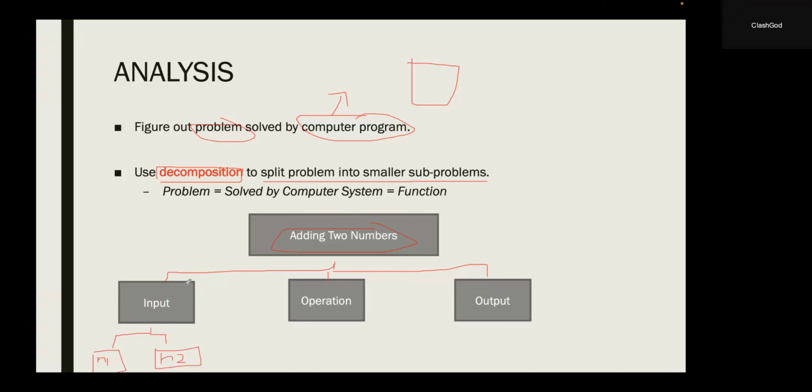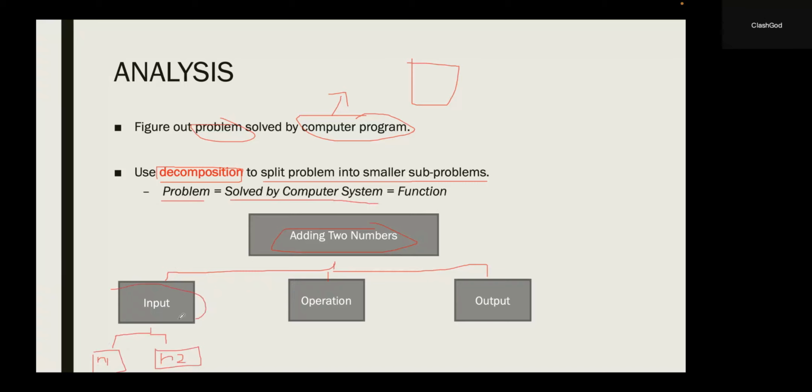All right. Now, there is a different interpretation for what we have just done here. So what we just did here was splitting the problem into smaller problems. But if you think about it, a problem is solved by a computer system, right?